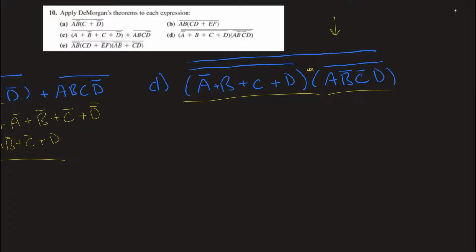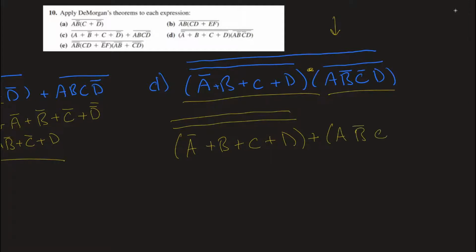And so when I break that down, that's going to give me A naught, or B, or C, or D, overbar, overbar. This AND becomes an OR, A, B naught, C naught, D, overbar, overbar.